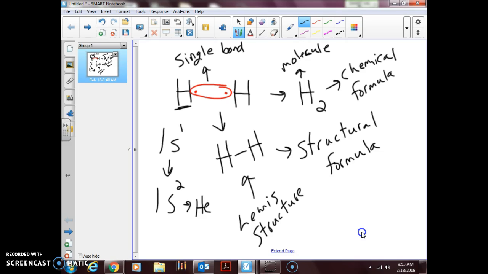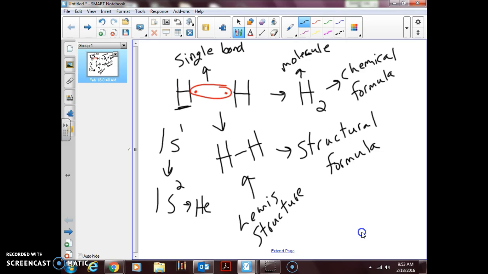So you all know that 2 make up a pair. So 2 electrons here make up one pair of electrons that are being shared. And that is what we call a single bond. And this dash, the one dash, represents one pair of electrons being shared. And that's a single bond.